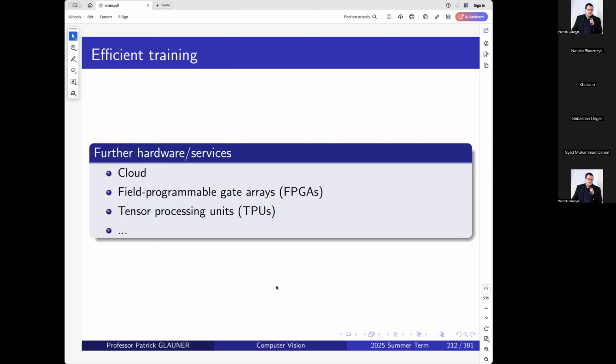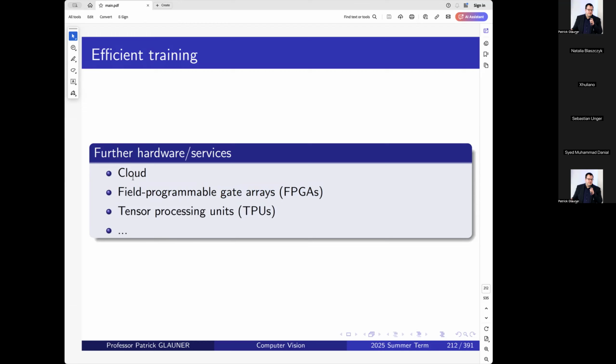You can run this on a GPU, or you can even run it more efficiently on tensor processing units. That's also something that has become popular over the time. And that's why if you look at the NVIDIA website, they also offer tensor cores and this kind of stuff. It just means it's structure or hardware that is not constrained to 2D operations, but to higher dimensional operations that can be run efficiently. Or you can use something like FPGAs, which is customizable hardware that you could customize.